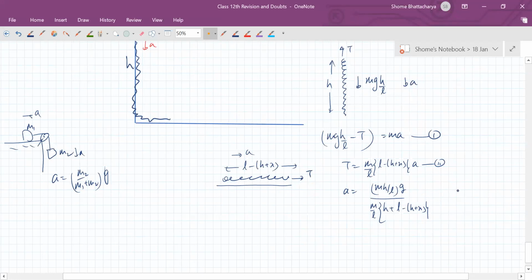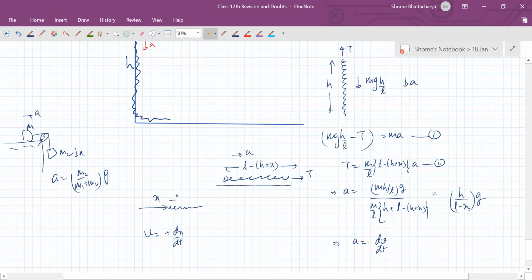It's very easy. m by L we can cancel. So h upon L minus x, times g. That is your a. So a is your dV by dt, and v, you can see I had written in such a way that it was positive dx by dt, because x was the displacement in this direction of the end of the chain.